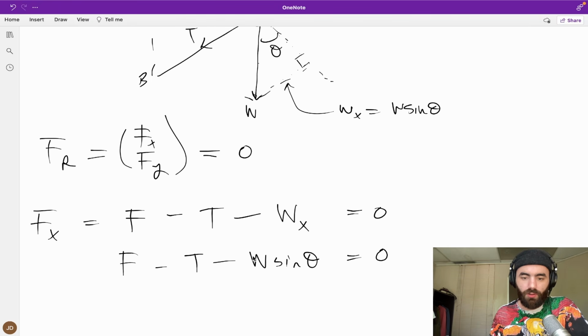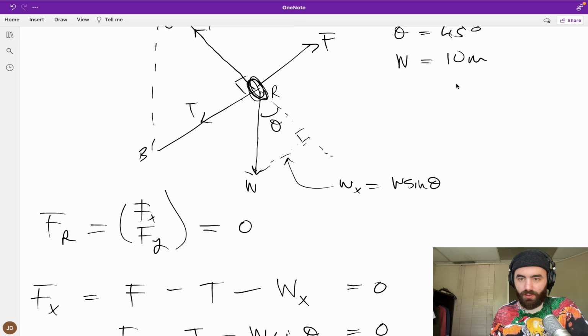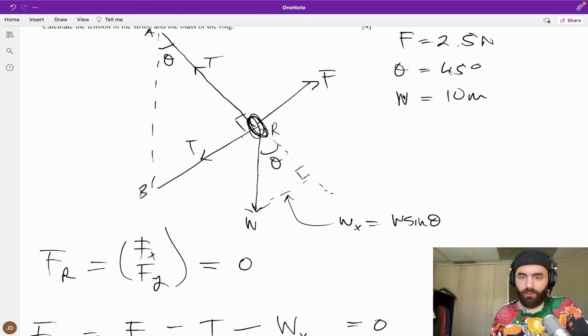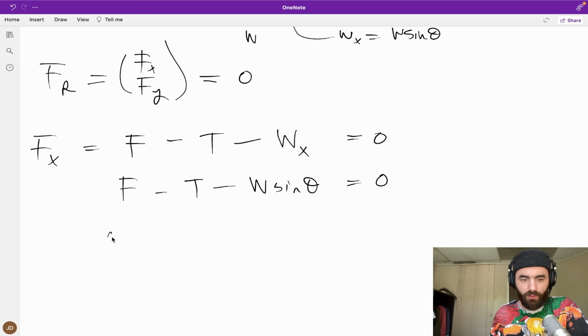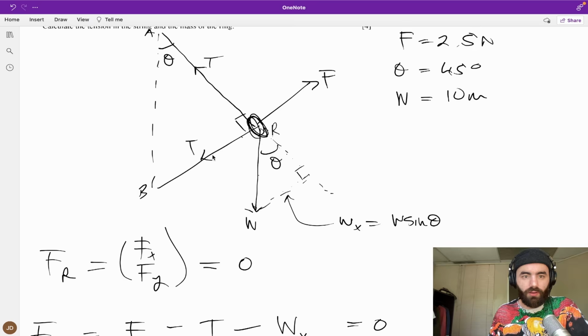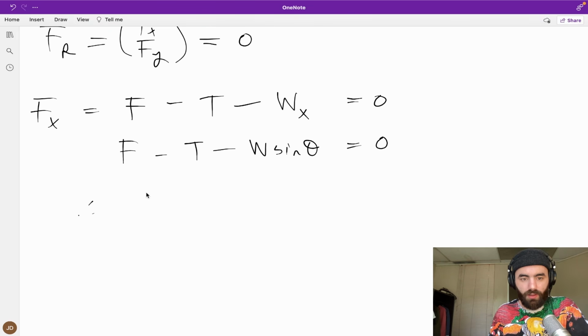Okay, so we have this, so we get F to point. I'm going to keep it in general form. So therefore we get, trying to find the mass and the tension, T equals F minus W sine theta.